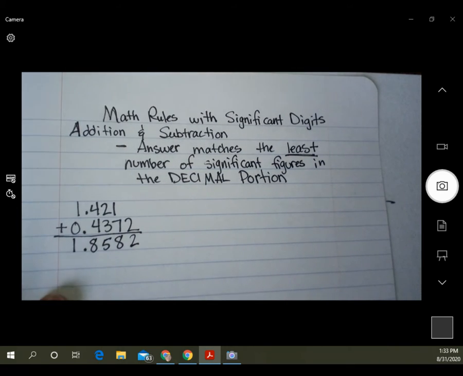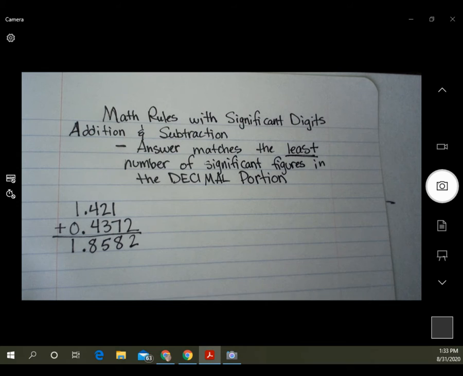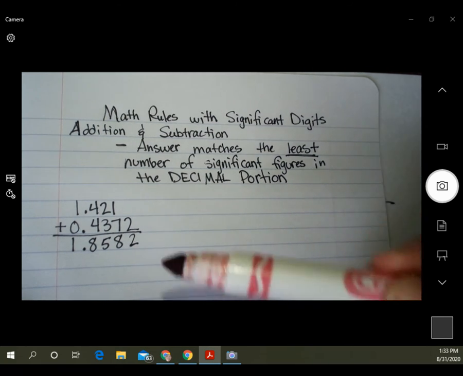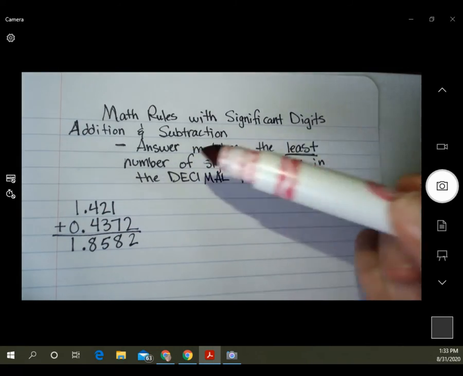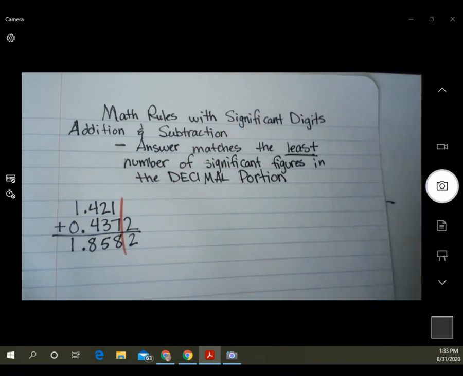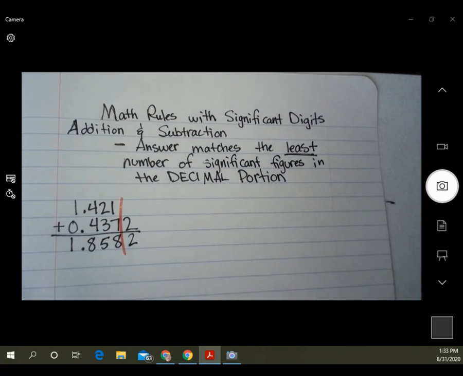And 1. Okay, so here's sort of the new learning. It says that the answer matches the least number of significant figures in the decimal portion. So that pesky decimal is coming back to haunt us again. In the decimal portion. So if I look here, I have 3 digits in the decimal portion. I'm going to just draw a line, and that's where I need to round off the number.